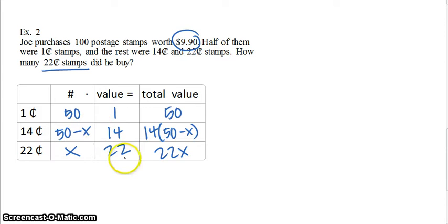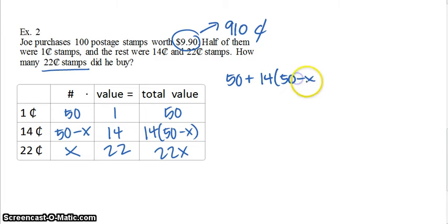But look, I put this as cents, so I have to change that to cents. So when I write my equation, I'm going to have 50 plus 14 times 50 minus X plus 22X, and that's going to equal 990 cents. Oh wait, I said 910, that's 990. Oof, my bad. Good catch, Miss Robinson, got it.